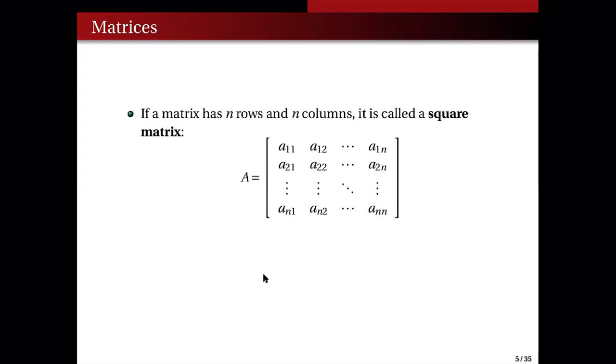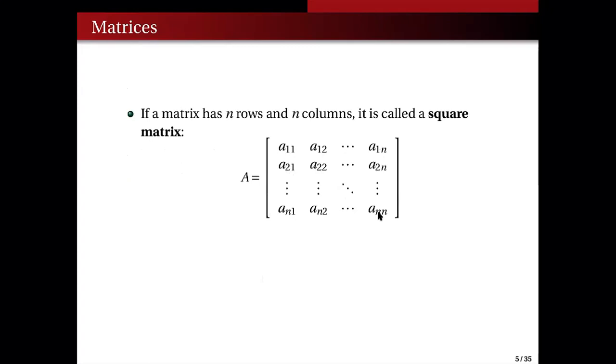Now, if the number of rows and columns are the same, then what we have is a square matrix. Okay? For example, in here, you have a11, a12 until a1n, and then going down, we have a11, a21, an1. So the number of rows is also n. The number of columns is also n.